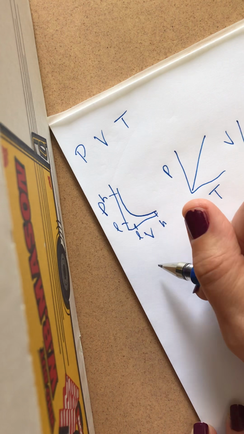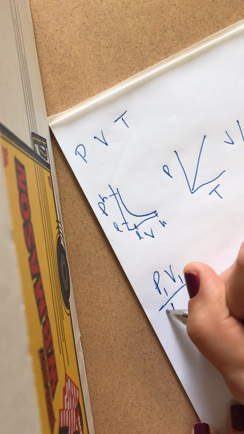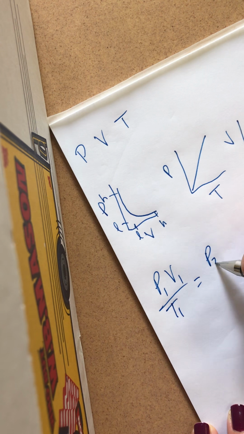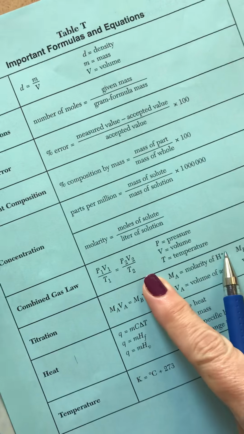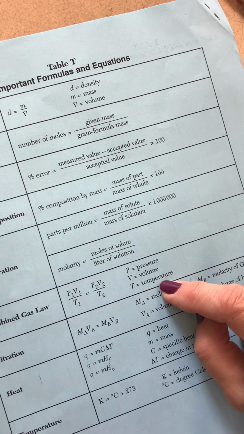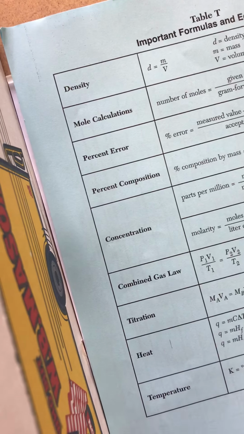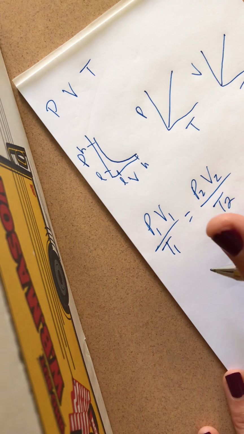And then we have our gas law equation. So P1 V1 over T1 is equal to P2 V2 over T2. And I get that right here, combined gas laws. And it tells me P is pressure, V is volume, T is temperature. The temperature always has to be in Kelvin for this to work. So I could have a word problem.